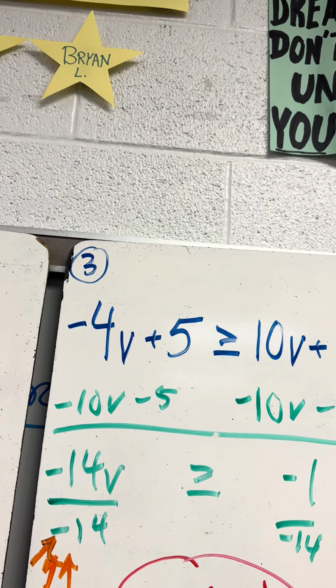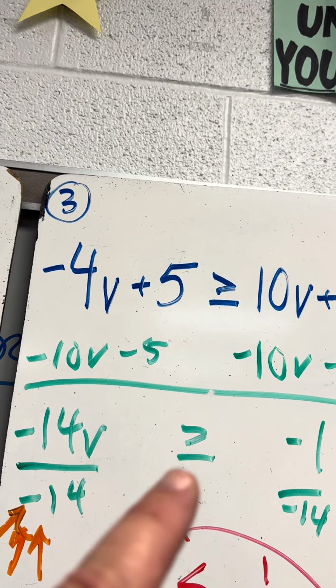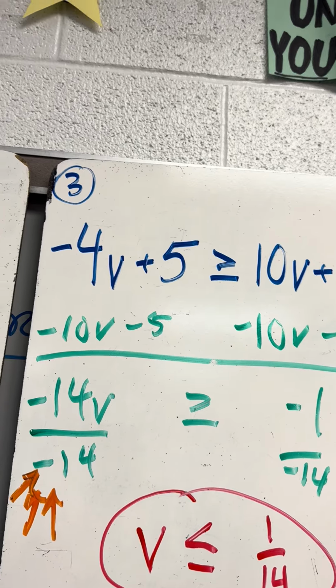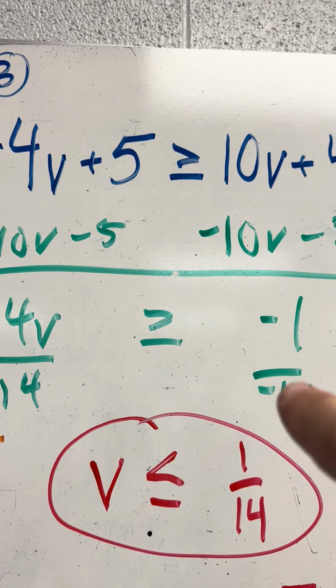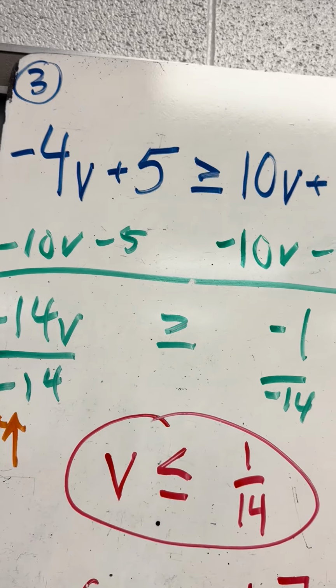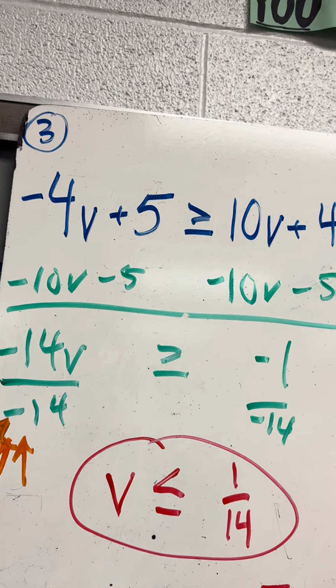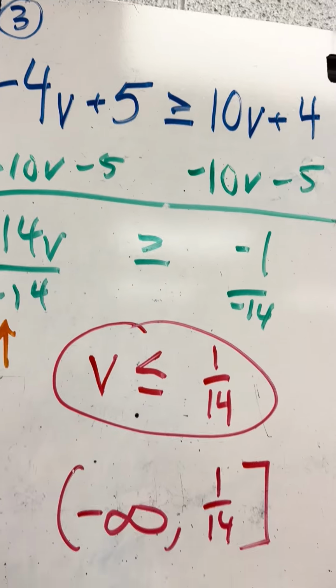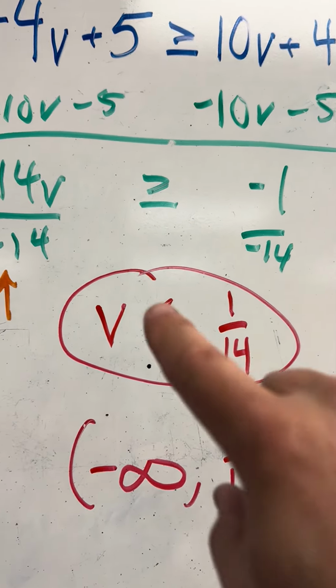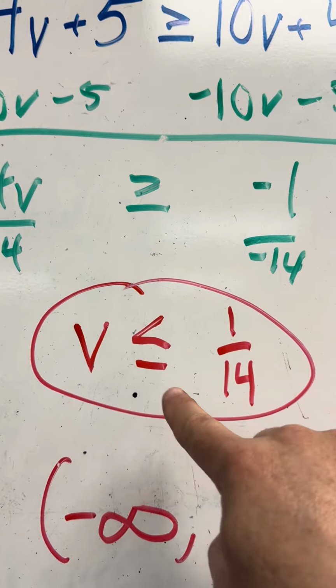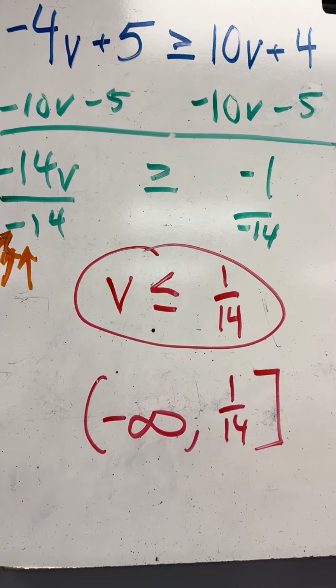When you divide by a negative, this guy flips. It's going to be less than or equal to positive 1/14, because a negative divided by a negative is a positive. So that's your answer, but interval notation would be negative infinity to positive 1/14. Since it's less than or equal to, it's a bracket.